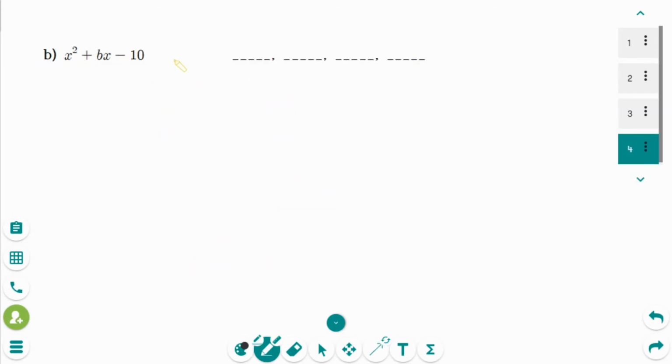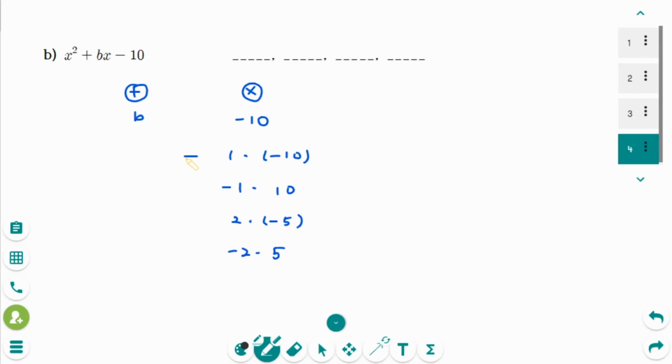The same question, B. Find the two numbers that have a sum of b and the product of minus 10. So minus 10 can be rewritten as 1 times minus 10 and minus 1 times 10 and 2 times minus 5 and minus 2 times 5.